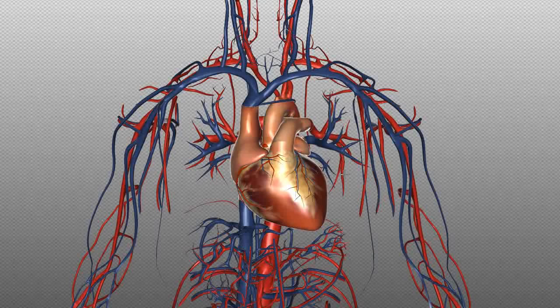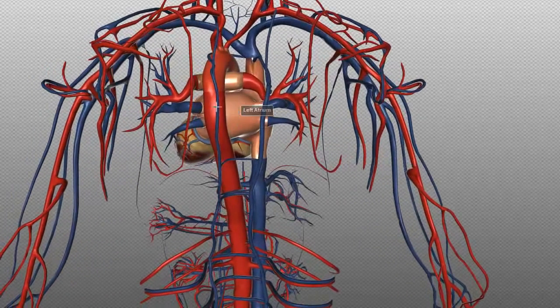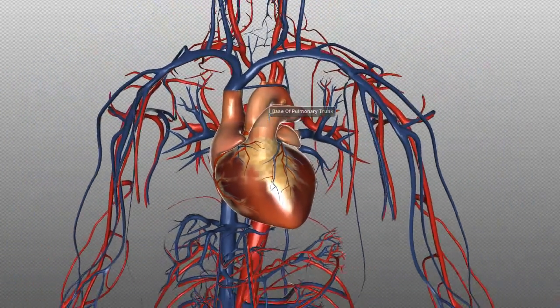Blood received from the lungs and is oxygenated returns to the left side of the heart via the pulmonary veins, and you've got 4 of these together, 2 on either side. And then you've got the aorta, which has 3 branches leading off it.